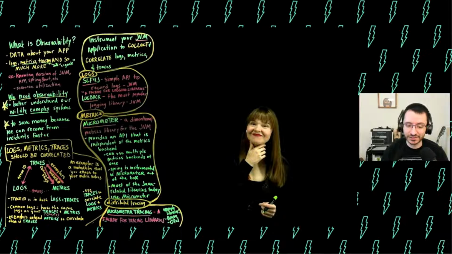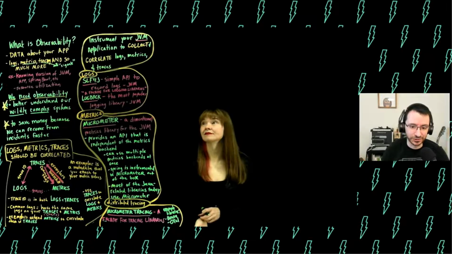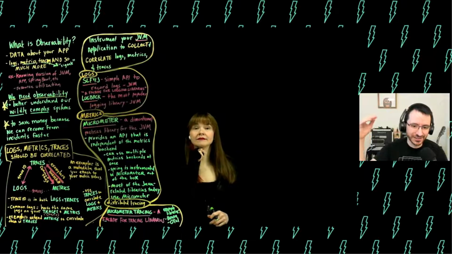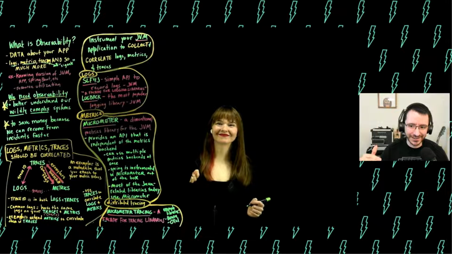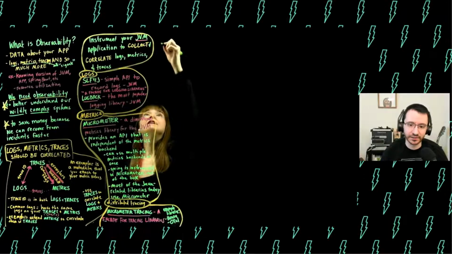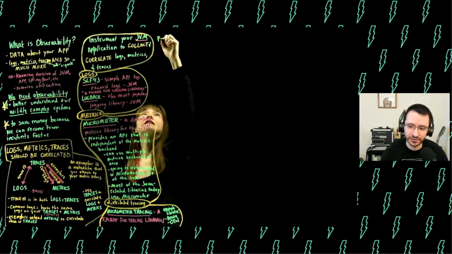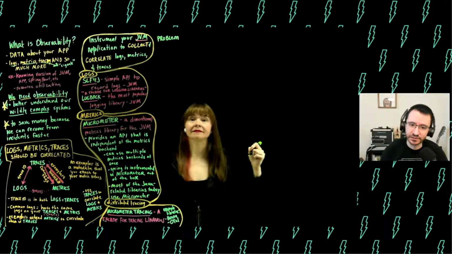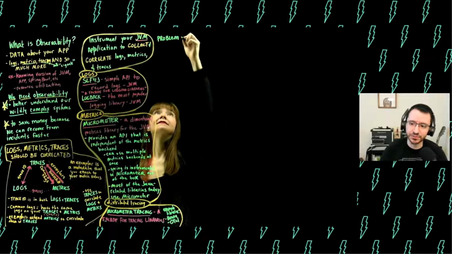If you're instrumenting with distributed tracing, you're doing a very similar thing. You're starting a span, doing your things, and stopping a span. And in the meantime, you are attaching some metadata, handling errors, and so on. So the problem is that we need to add separate instrumentation for each signal.